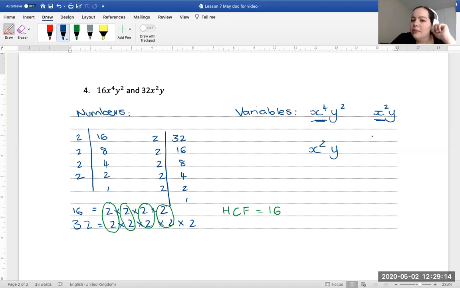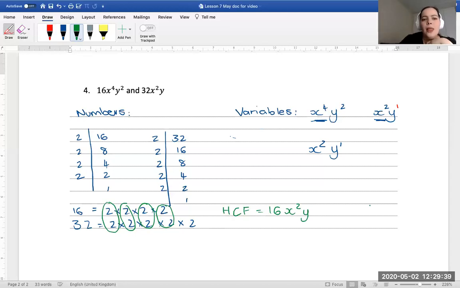Here we've got y to the power of 2, and hopefully you remember this by now, y to the power of 1. Okay, so we ask ourselves which is lower, a 2 or a 1? And we see that our answer here is 1. So technically, our highest common factor for these two, we put our number and our variables together, and it's 16x squared y.